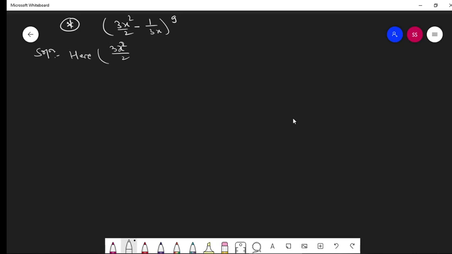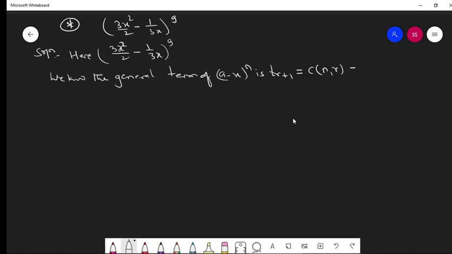And we know the general term of (a minus x) to the power n is T(r+1) = C(n,r) (minus 1) to the power r a to the power n minus r into x to the power r. First we have to write this.